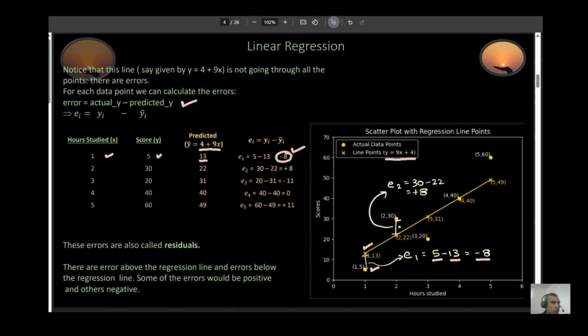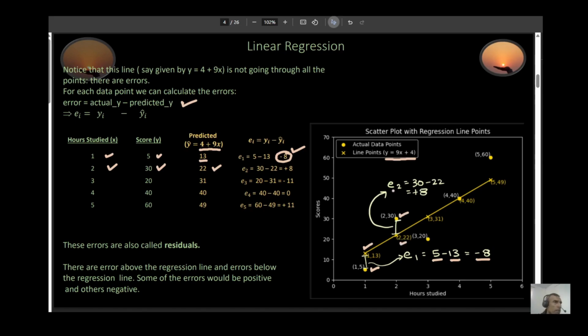Okay, let's do the other one. For your second data point, the number of hours he studied is 2 hours. His actual score was 30. And the predicted value based on the equation of the line is 22. So if I plot this, 2 comma 30 would be this right here. This is my actual point. And the predicted value is 2 comma 22, which is this right here.